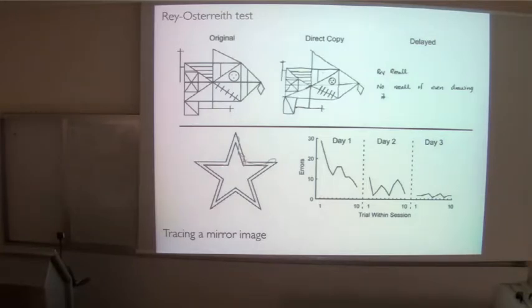On the other hand, if you give him a test which is tracing lines inside this star-shaped maze, it's not that he couldn't do that. What they do is show it to you in a mirror, so your hand is going in exactly the opposite direction to what you want, and it takes some time to get used to that.